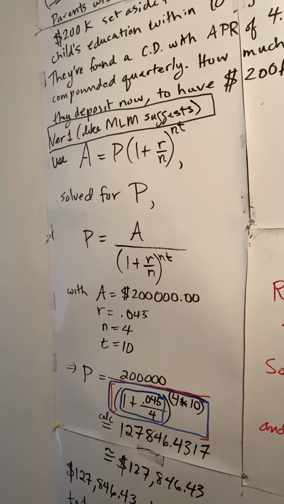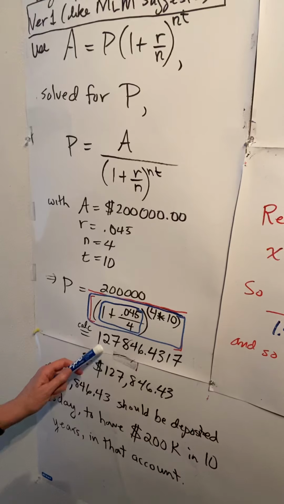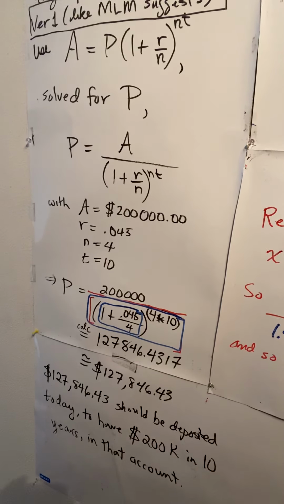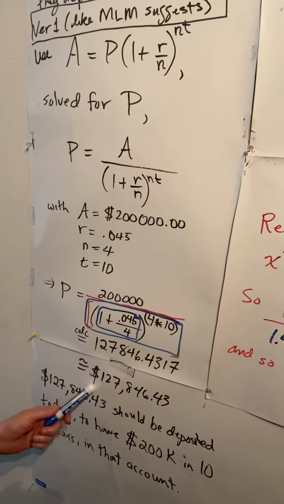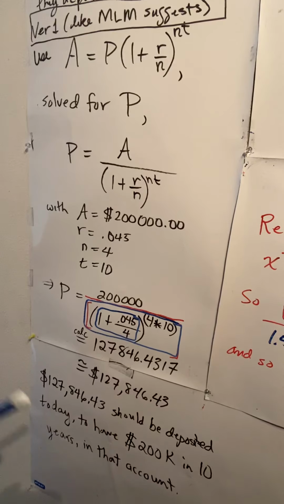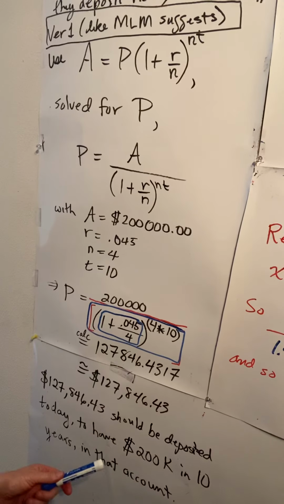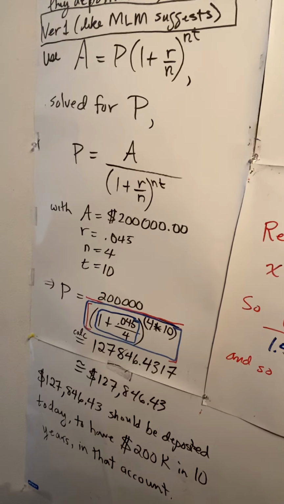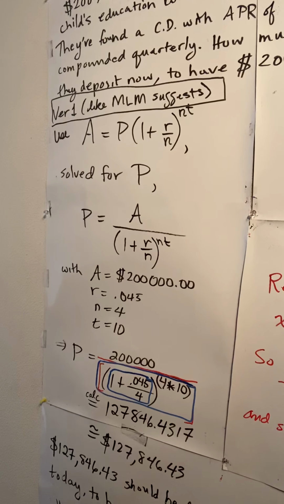So now you're seeing the result, all the digits. In case you're wondering if you've been using your calculator correctly, you can check you're getting as much accuracy. And of course, we write this as $127,846.43. And that's what should be deposited today to have 200K in 10 years if you're dealing with an APR of only 4.5%.